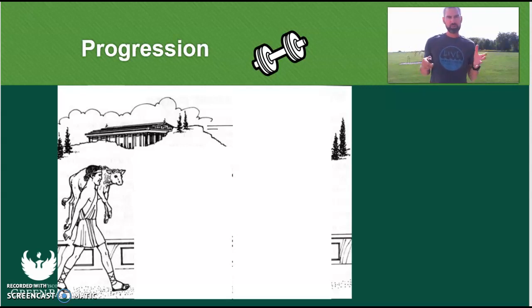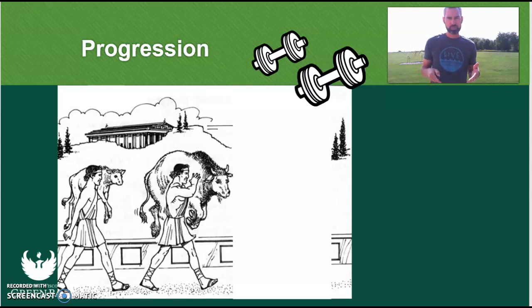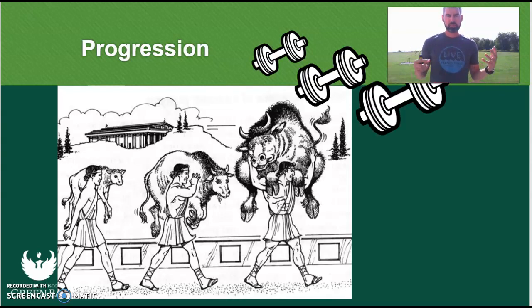As that bull calf grew, every day Milo would pick up that bull, and gradually Milo's muscles adapted to the weight of the bull. And eventually Milo was able to carry this full-grown bull on his shoulders.